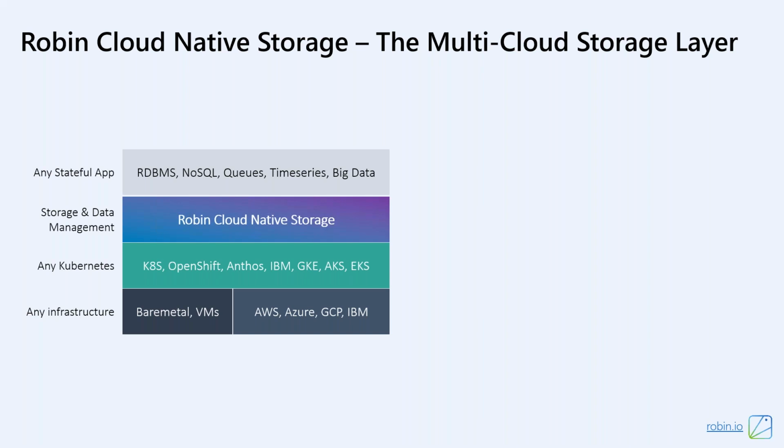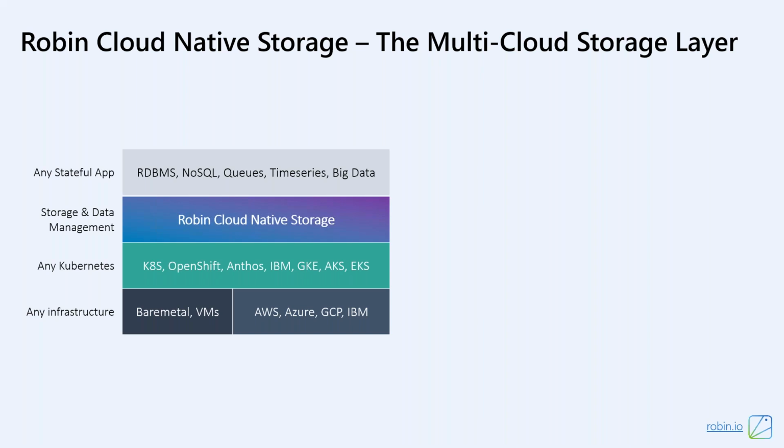So on-prem, you would have upstream Kubernetes or OpenShift or Anthos, which are the most popular on-prem Kubernetes distributions. And in the cloud, you might use the managed services provided by the respective clouds, like GKE, AKS, EKS. Now you need a common storage layer that can actually talk to all of these flavors and all of these combinations of Kubernetes and infrastructure.